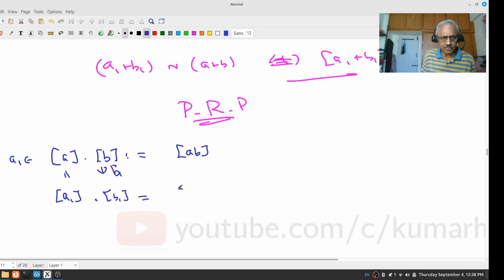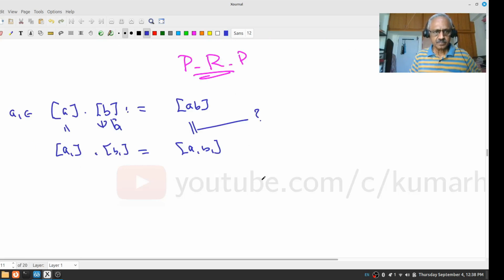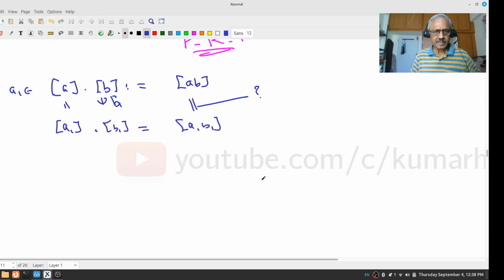Then I could have defined this to be A1 B1. The question is, are they the same? Are the equivalence classes the same, right?